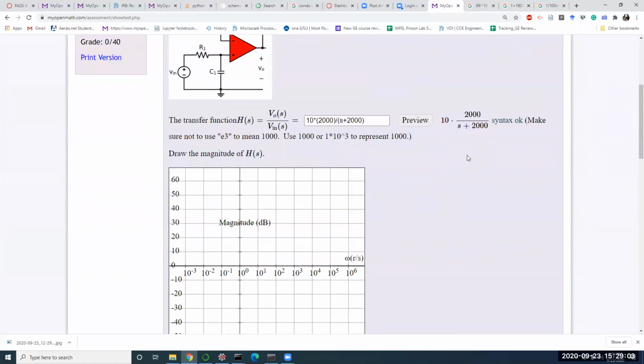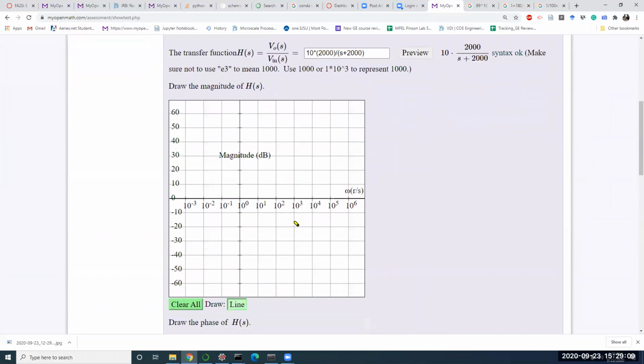So I know I have a gain of 10 and my cutoff frequency is 2,000. For low pass, it's better to go from left to right. The gain is 10, that's 20 dB. Now you don't have to get it right over there, you can just go here.